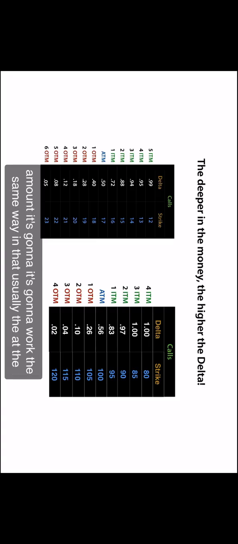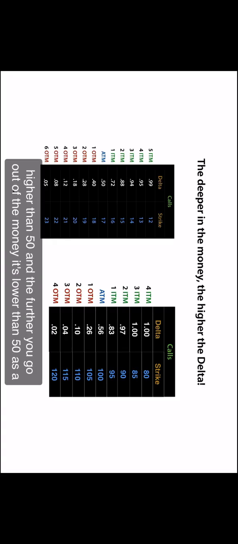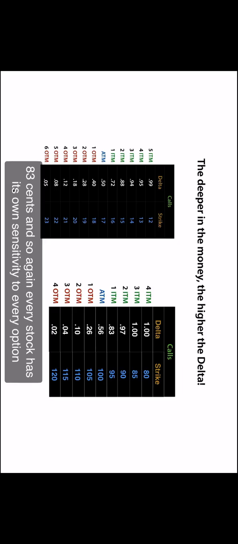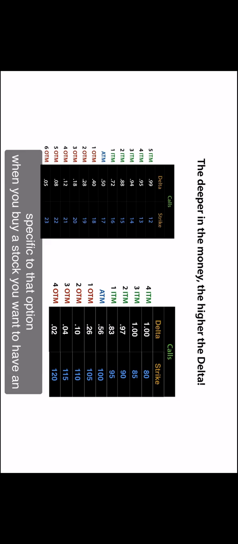Usually the at the monies are around 50 deltas, and the further you go in the money, it's higher than 50, and the further you go out of the money, it's lower than 50 as a general rule. But notice in the one example, 72 cents, the other example, 83 cents, so again, every stock has its own sensitivity to every option. Every stock option has its own delta specific to that option.